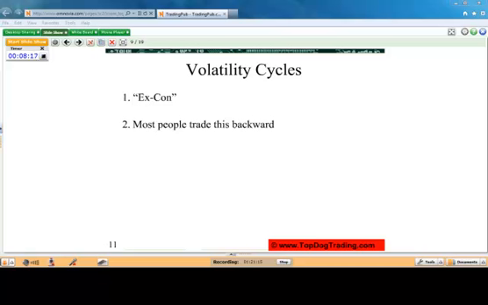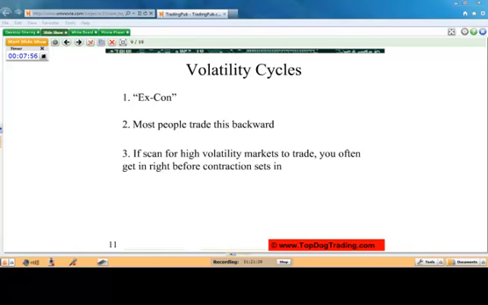Now, the only caveat on that is that you have to make sure that market actually does have high and low volatility cycles. There are some markets that just have very narrow ranges as part of their characteristic. So obviously you want to avoid that. You just look back historically and make sure that particular market does go through those cycles.